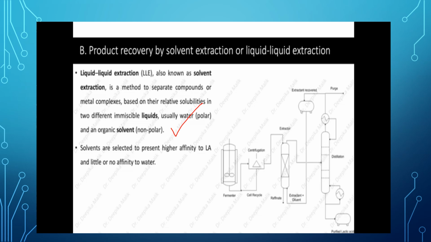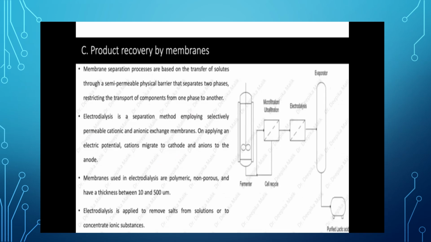Solvents are selected to present higher affinity to lactic acid and little or no affinity to water. So this technique is also used, during which various specific types of solvents are used that show affinity with lactic acid and do not show affinity with polar water.